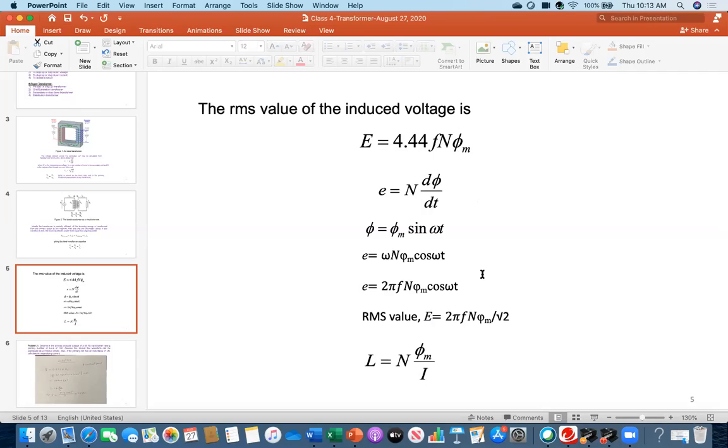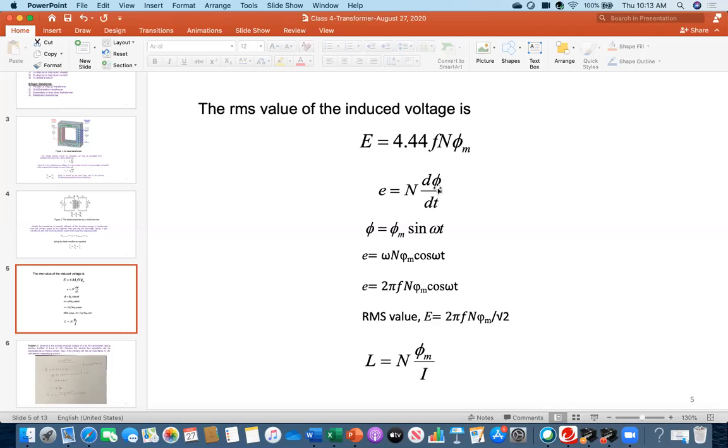Now here I am showing you how I got this number 4.44. Everybody see, we discussed Faraday's law of electromagnetic induction, which you can apply to both sides, primary side coil and secondary side coil. So assume that the instantaneous value of voltage is N times d phi by dt, where N is the number of turns.